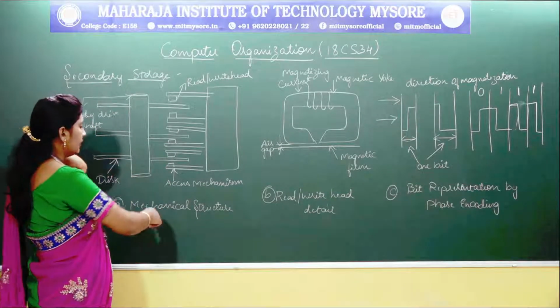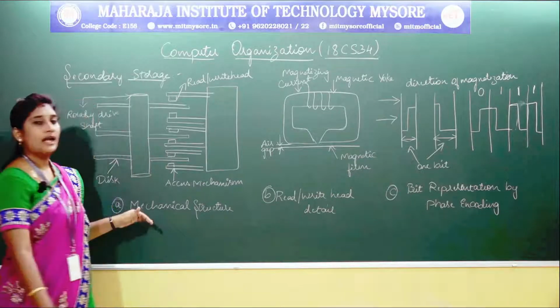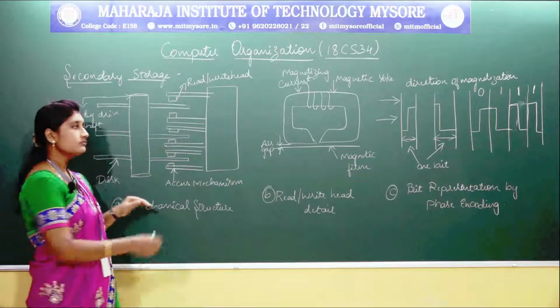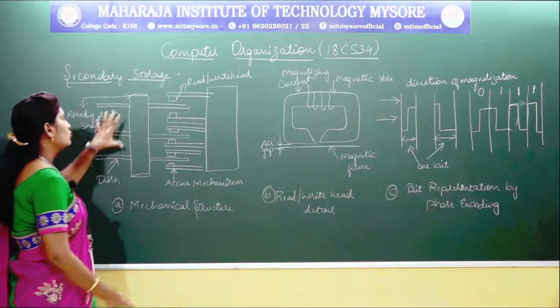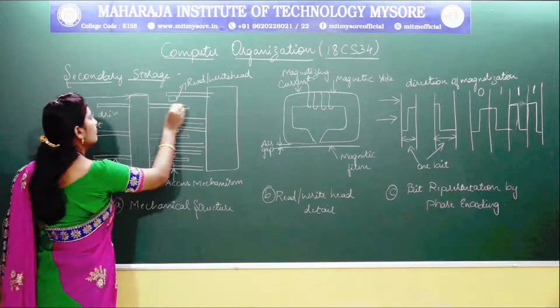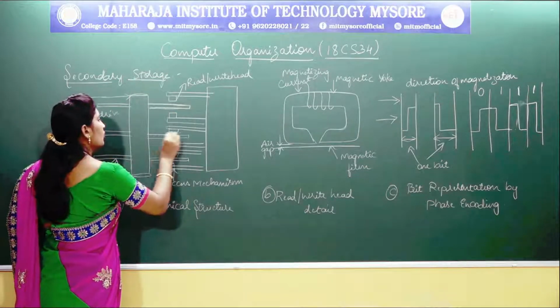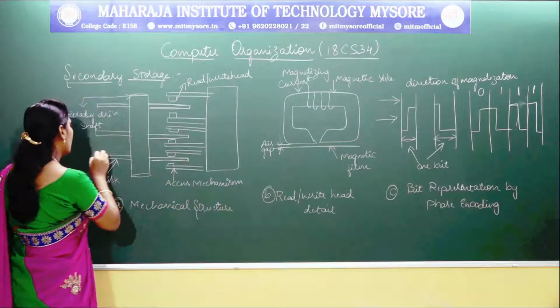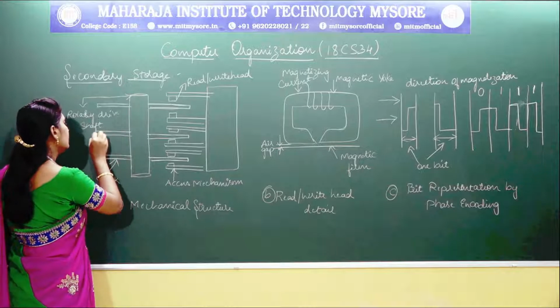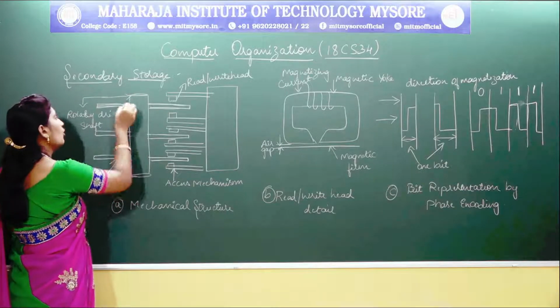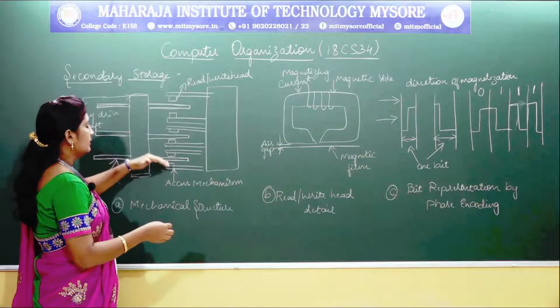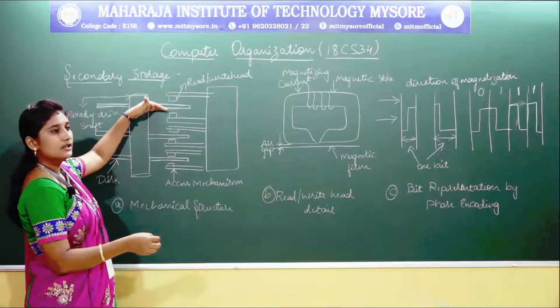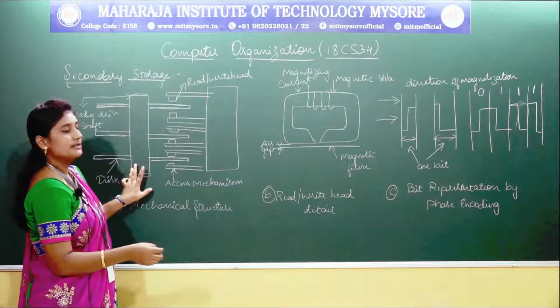Here is a diagrammatic view which shows the mechanical structure of the magnetic disk system. These are the disk platters, mounted one on top of another in the form of a stack on a rotating spindle.